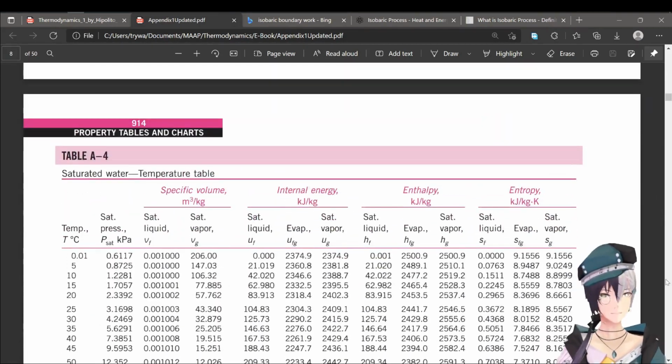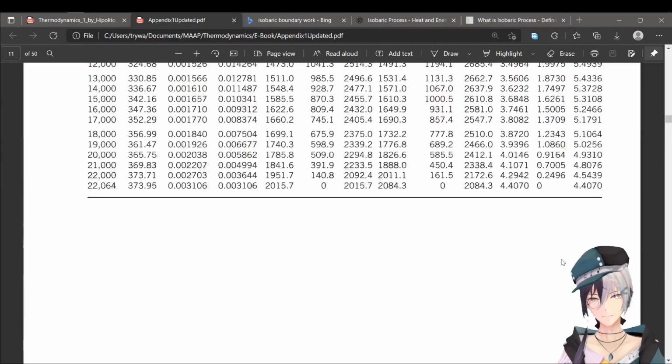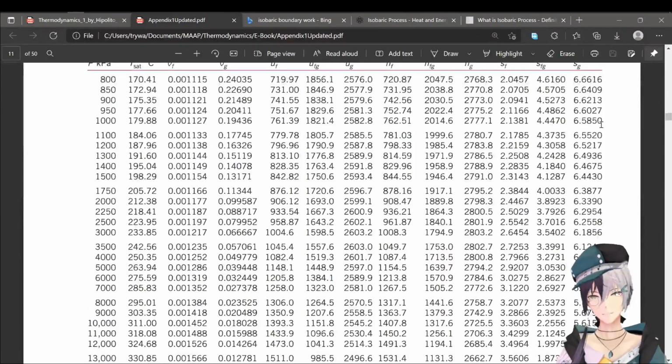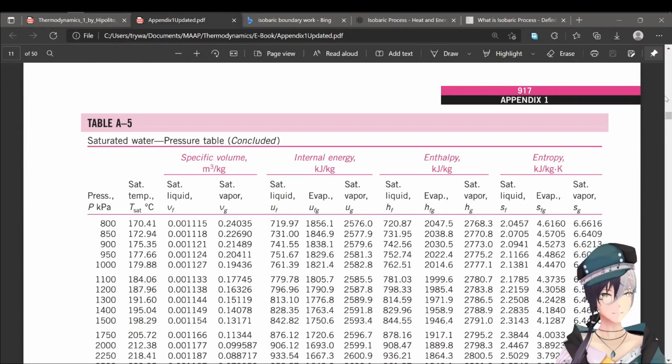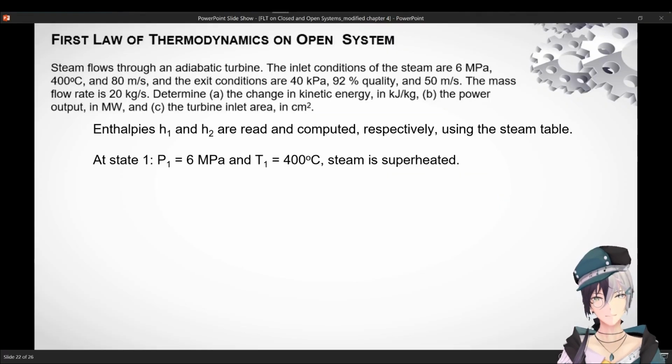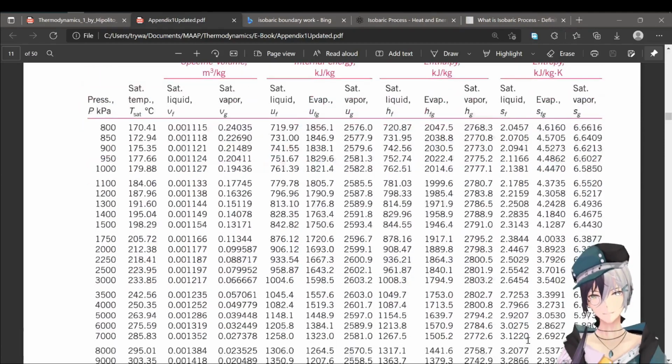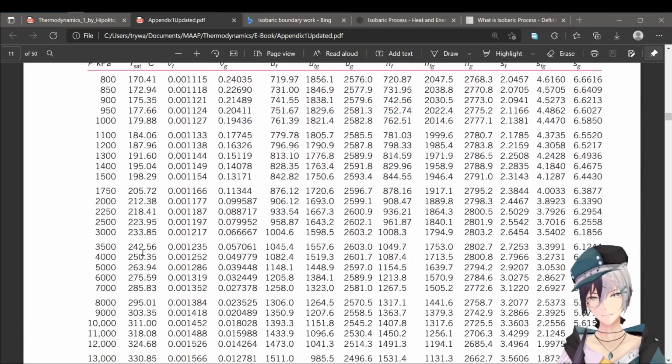So what's this? Table A-4. So table A-5. Oops. Okay. So what's the pressure again? 6 megapascal. Okay, so here it is.